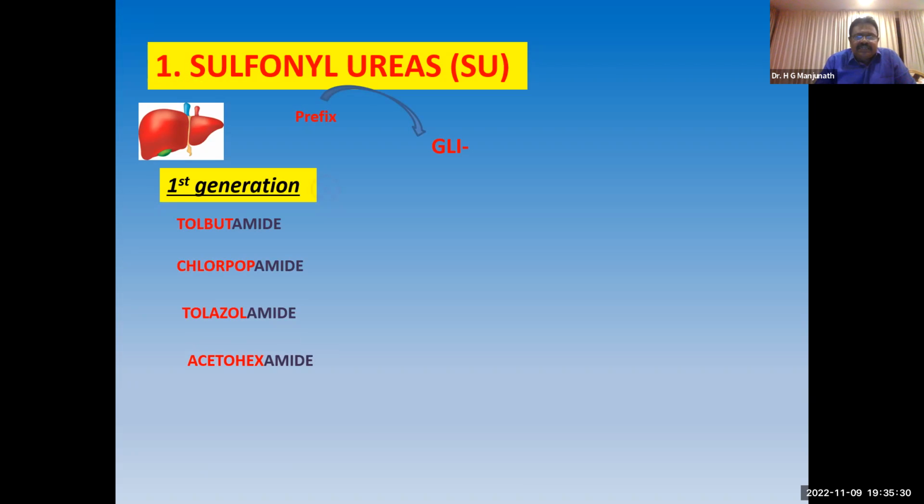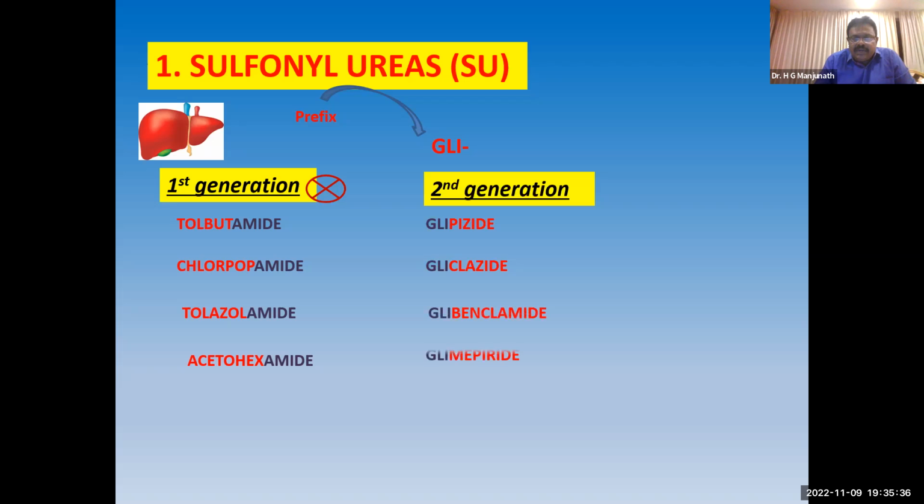So we have the second generation sulfonylurea drugs: glipizide, glyburide, glibenclamide, and glimepiride. These drugs have the prefix GLI. Glibenclamide can also be considered glyburide. These drugs mainly affect the pancreas.